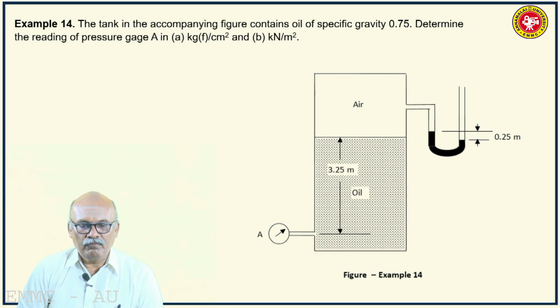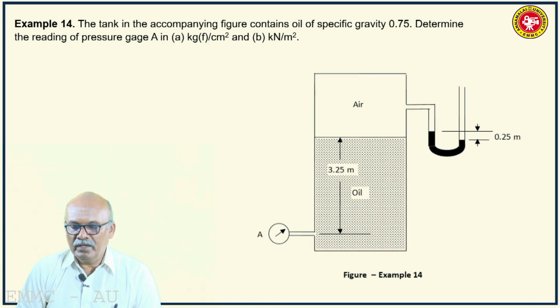So this is example 14. You can see the figure. We have a closed container which contains oil, and above the oil there is air space, and we have a U-tube manometer.